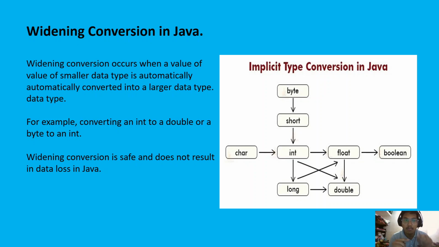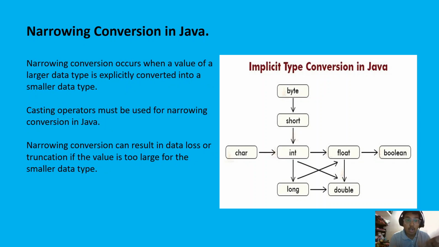This is one benefit, because when we are talking about narrowing conversion in Java, what happens is that when a value of a larger data type is explicitly converted into a smaller data type, there is some chance of loss of data. For example, we have this float which is 4.5. If we convert it into int, it will only show us 4, or if it is rounded, it will show 5. So either we get extra data or we lose data.